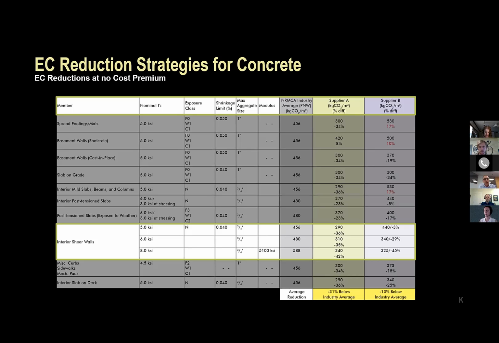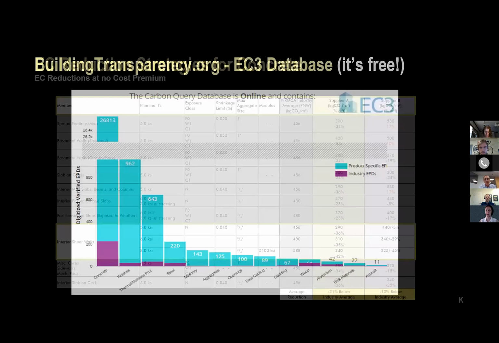Creating these win-win scenarios, these are the stories our clients are going to run with all day long. And these exist in the industry today simply because we haven't been asking for the data. We don't ask for the carbon data. I look forward to when it gets harder to find these kinds of variables, but this is what's in the market today.